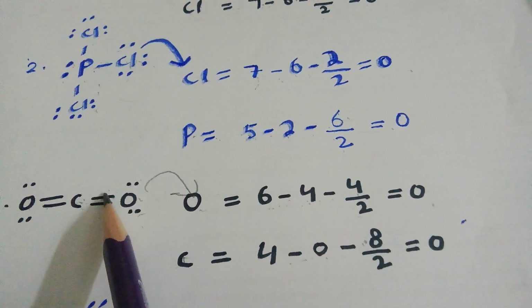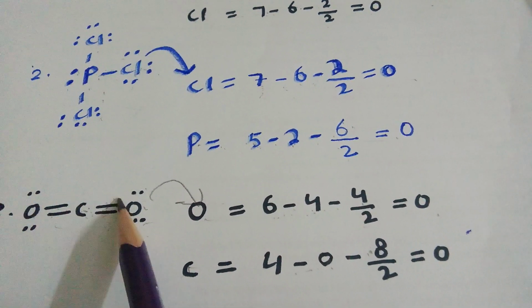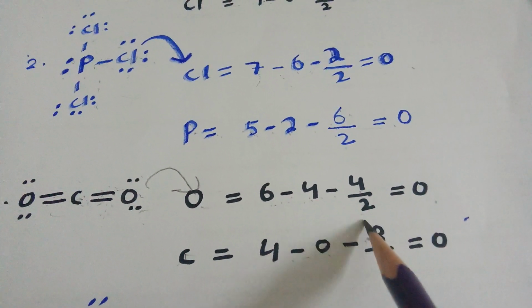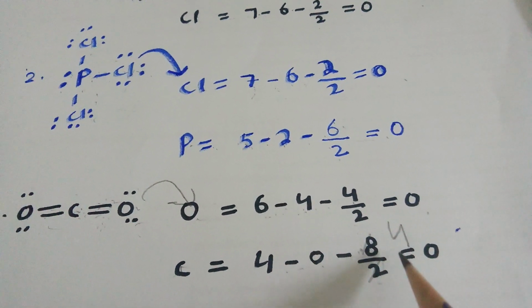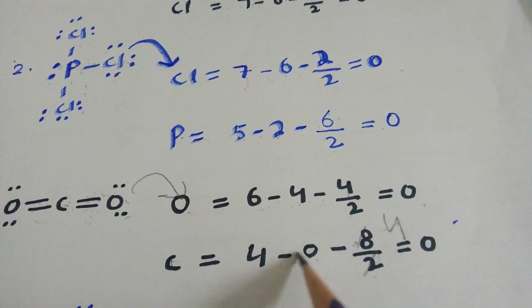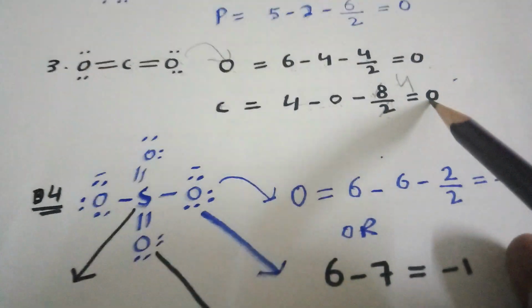You can see here there are a total of 4 bars, so the total number of electrons will be 8, divided by 2. So this will be 4. So this is 4 minus and this is 4 plus. So the answer will be 0.